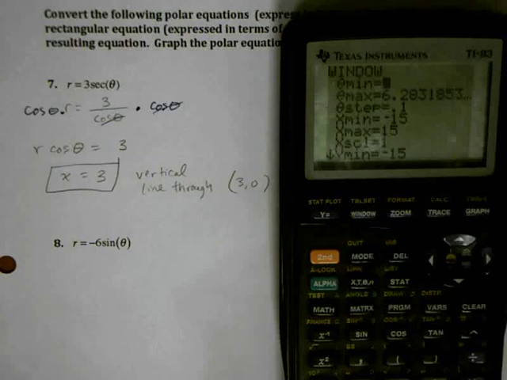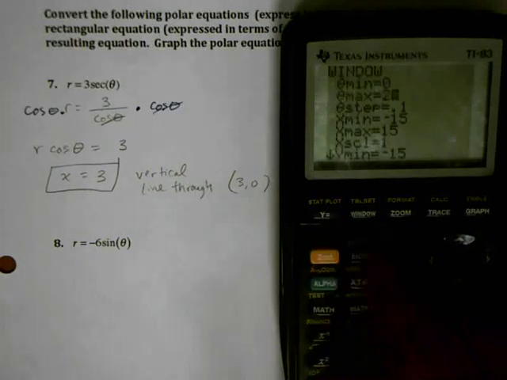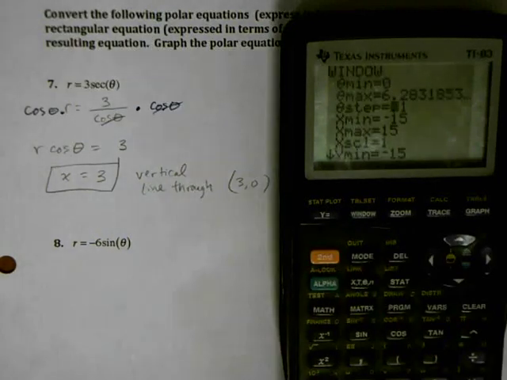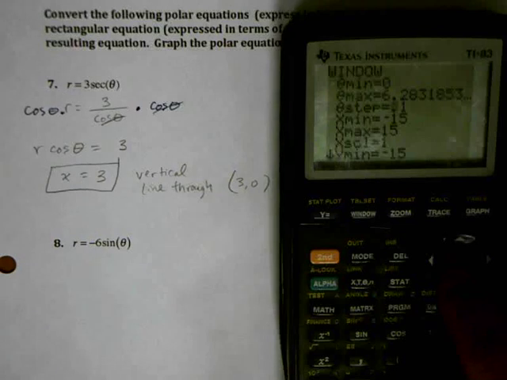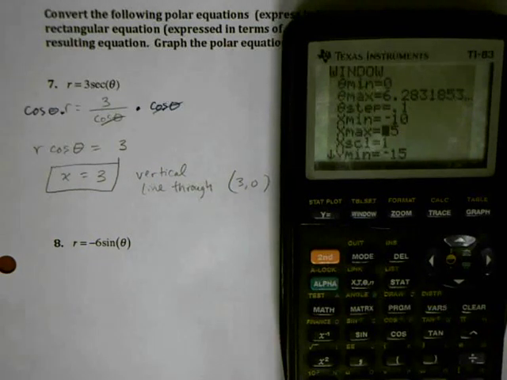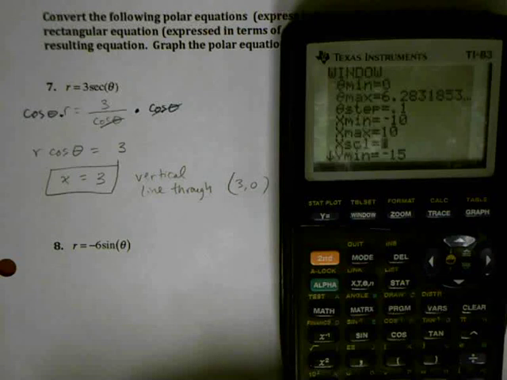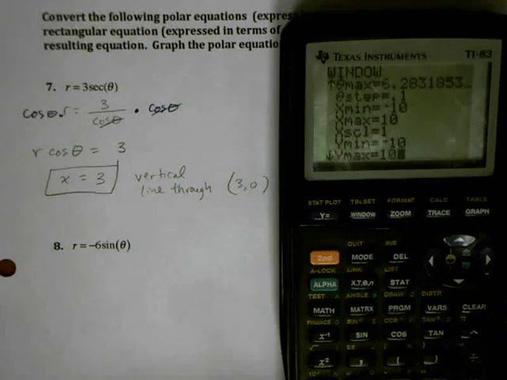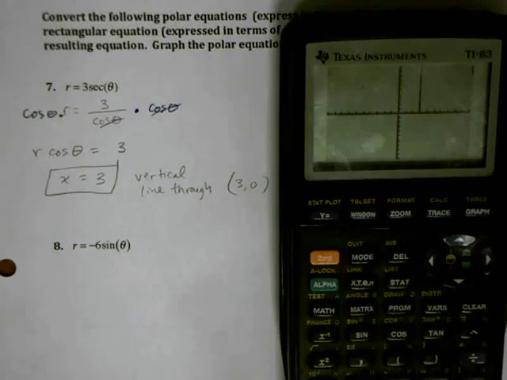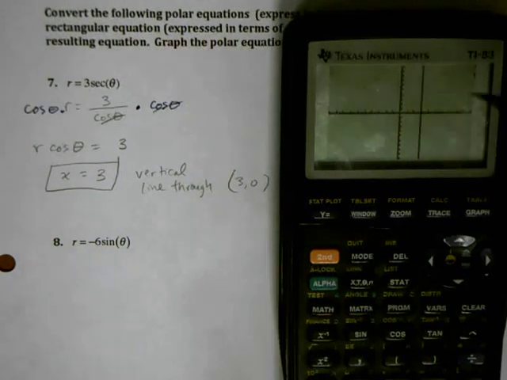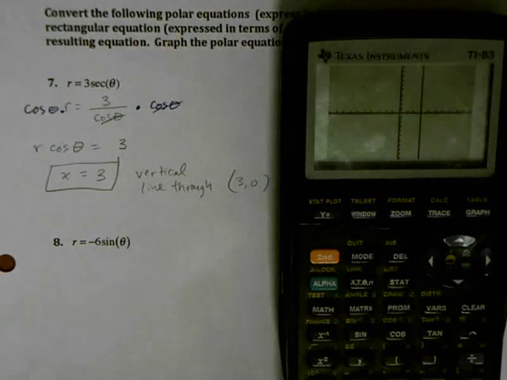For our window, we'll go between 0 and 2 pi. Whenever I have sine and cosine here, I usually like to go between 0 and 2 pi. Theta step is 0.1, that's good, and I'll just keep this between -10 and 10, just a standard window. And we'll hit graph. And you can see that draws a vertical line through 3, 0.